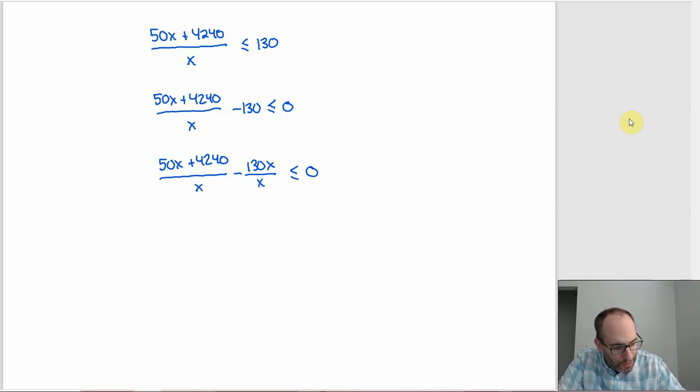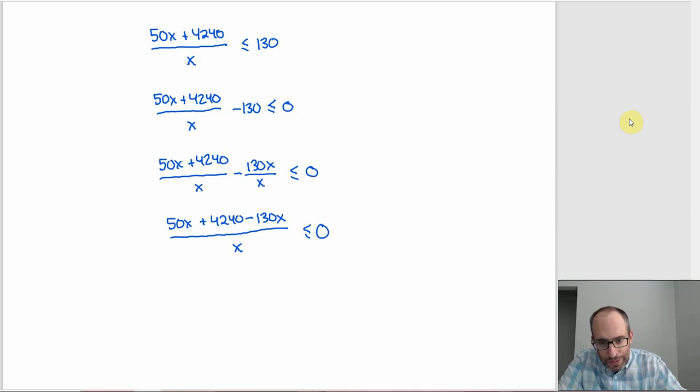Then you could combine the numerators together and say, all right, well then that's 50x plus 4240 minus 130x all over x less than or equal to 0. So then we've got that negative 80x plus 4240 over x less than or equal to 0.